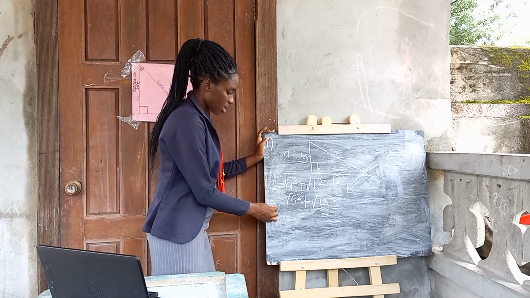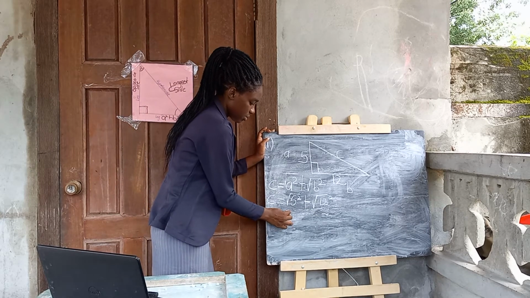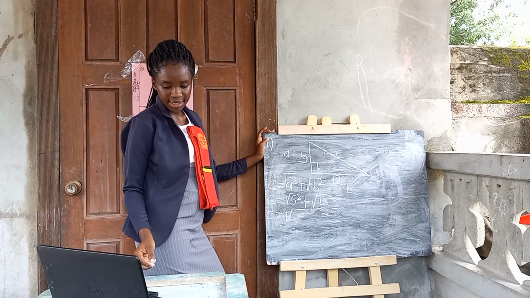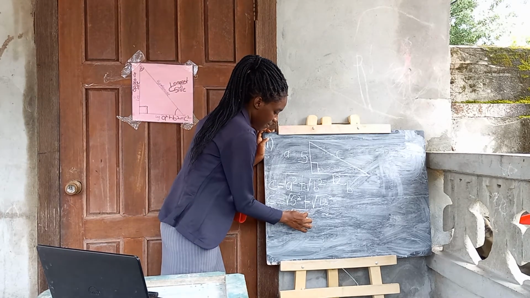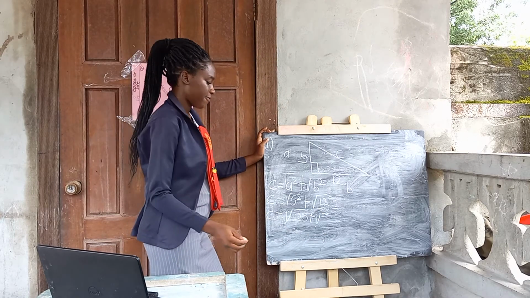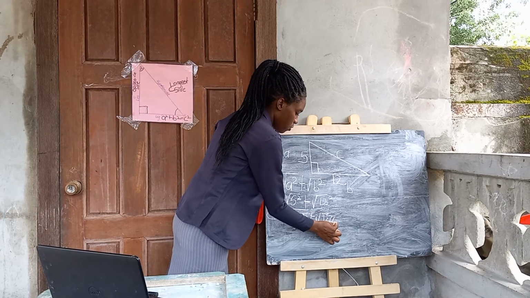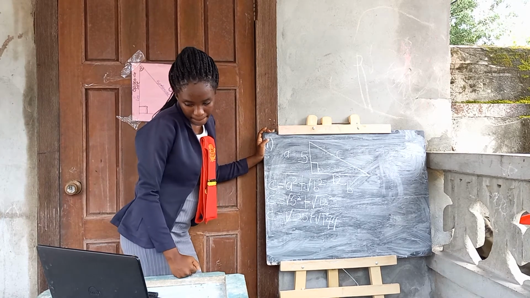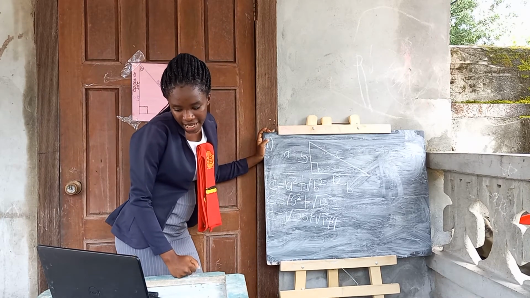Right? C is now going to equal the square root of 5 5s, 25, plus 12 12s, 144. Everyone seen that? Very good.